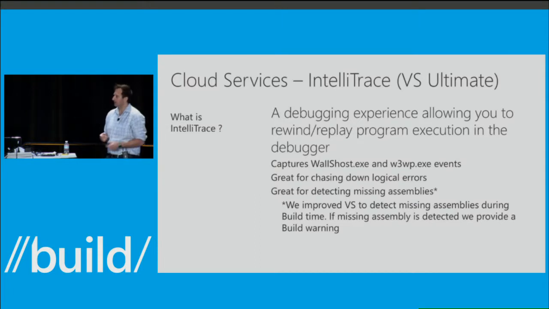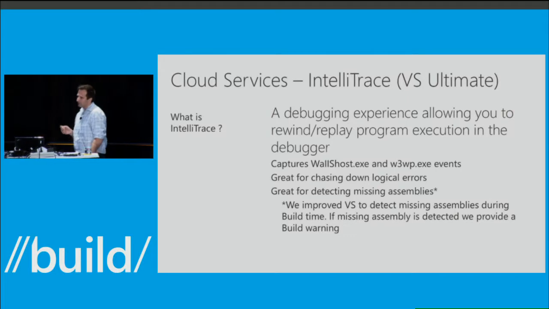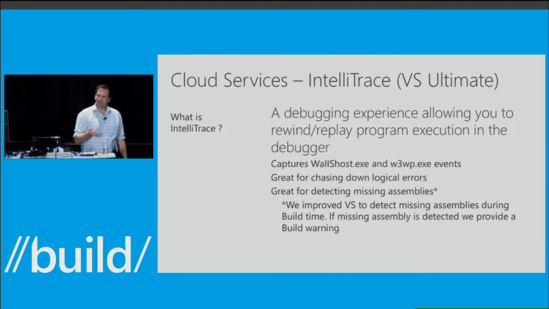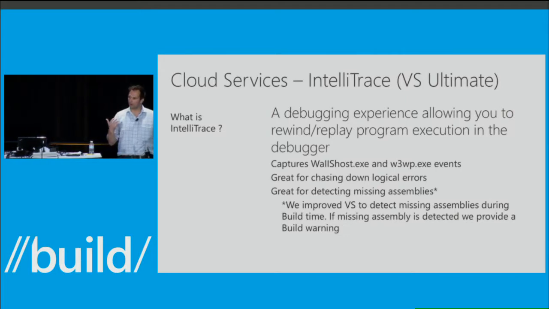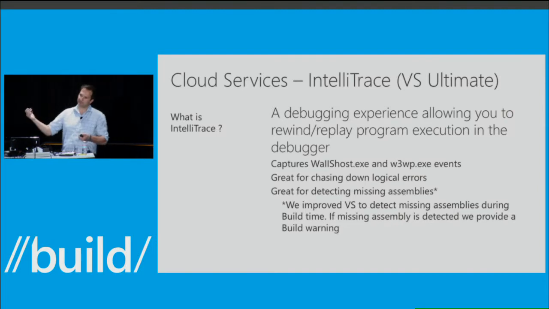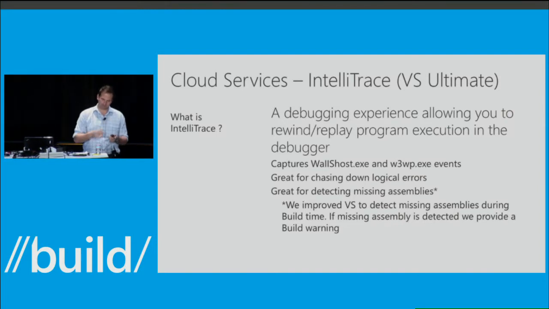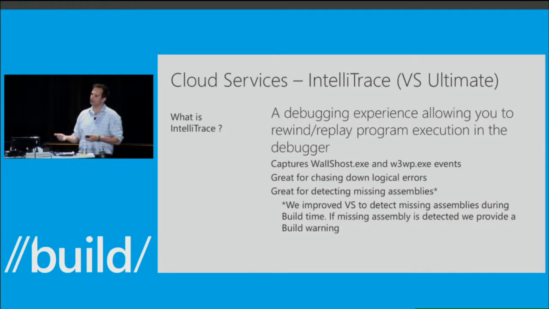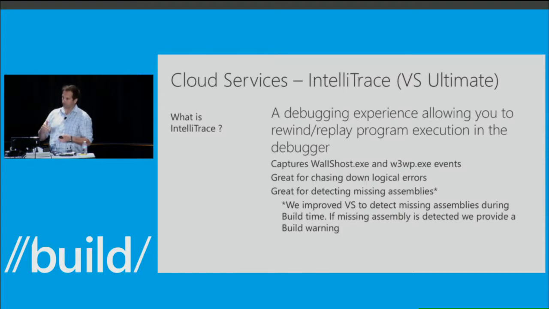All right. So what it does is it basically records the execution of your program, all the calls, all the events in your program, right? That's particularly great because you turn it on, you publish it to Azure. It's basically an agent that is being published to Azure, and then it starts recording the execution. And let's say now you run into a logical error with your application.